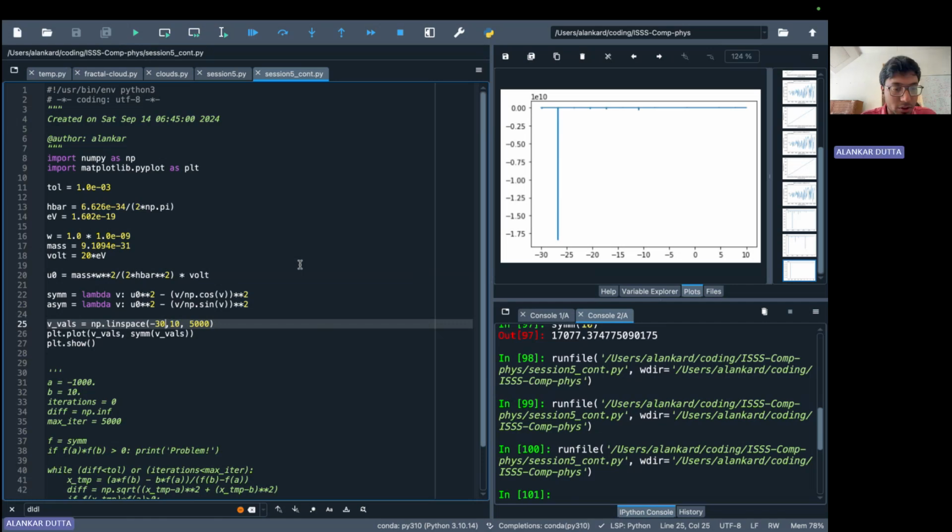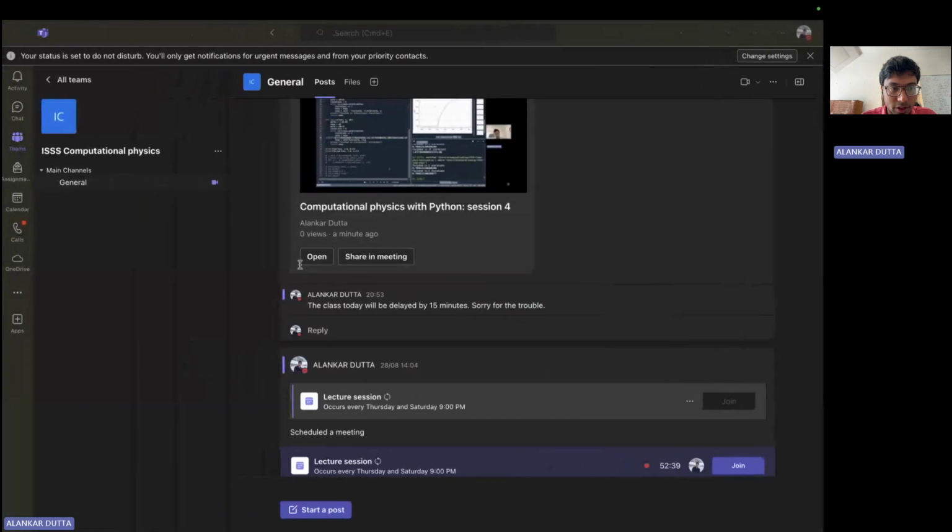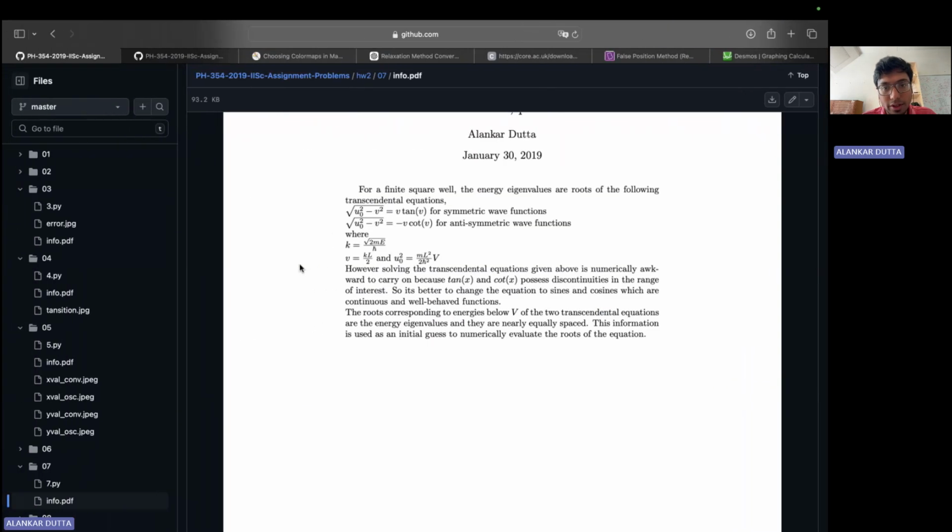Okay, so we can also replace this in terms of energy. So let's write V in terms of energy because the units are better. So V is KL over 2, and K is root 2mE over h bar, right?